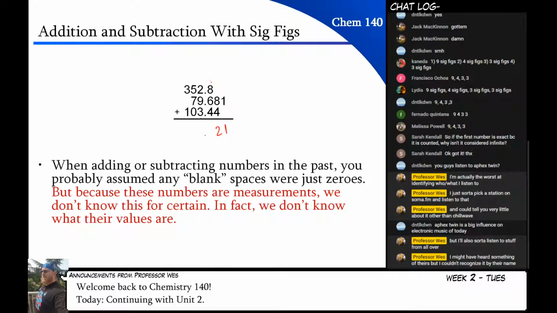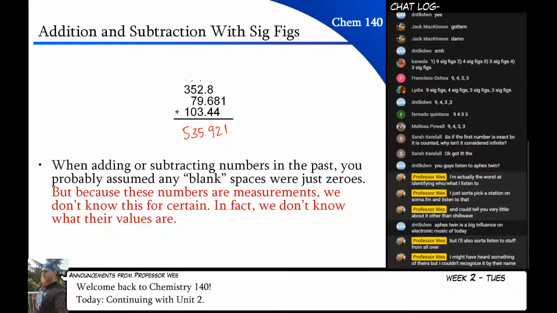So 8 and 4 is 12. Okay. So I get 535.921 should be the answer if I were to just put this in the calculator and hit enter.